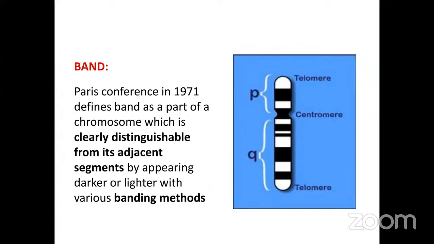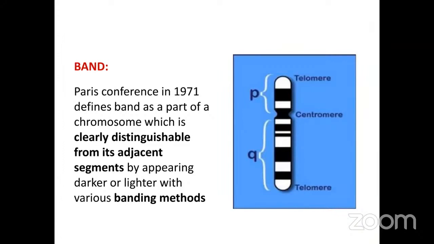You can see the bands there. There are darkly stained regions, which we call heterochromatin, and lightly stained regions, which we call euchromatin, the gene-rich or active region.